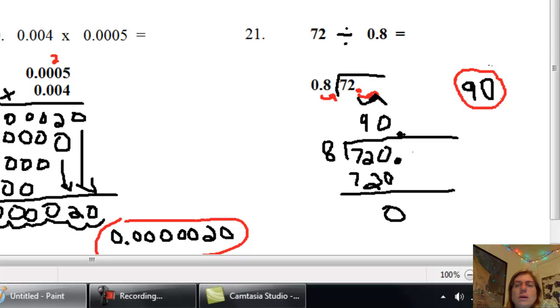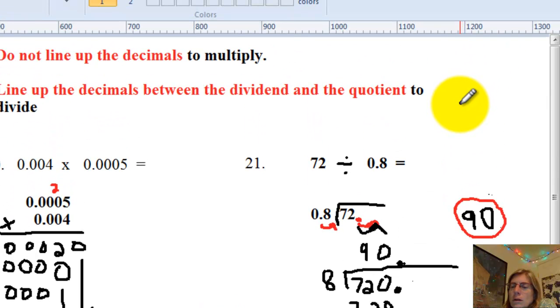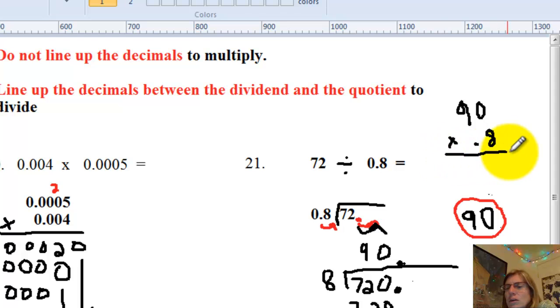Let's just multiply 0.8 times 90 and see what we get. Because what we did was we moved decimals around and we added zeros. So let's just see what happens. 8 times 0 is 0. 9 times 8 is 72. We have one decimal place, so we move our decimal place over 1, and our answer comes up as 72.